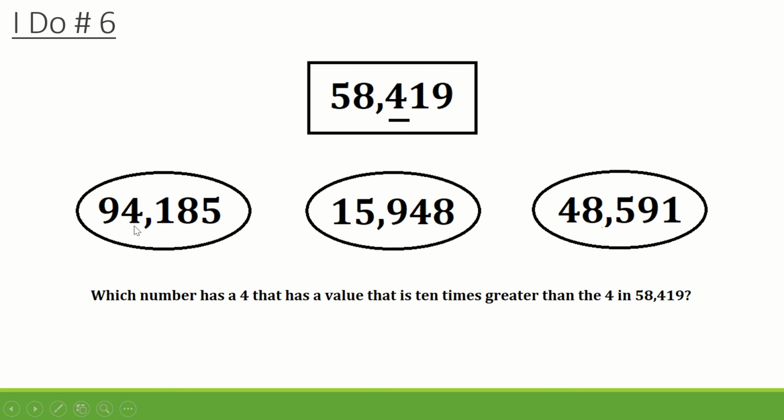Which of those digits is one place to the left, and that is this number here, 94,185. And I can prove that to be true by saying 400 times 10 equals 4,000. And so that's how I know that 94,185 has a 4 that is 10 times greater than the 4 in 58,419.